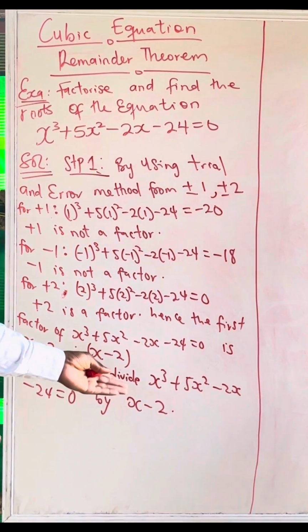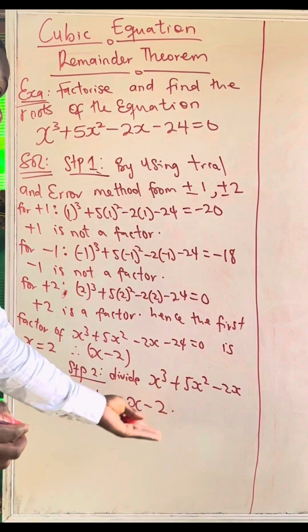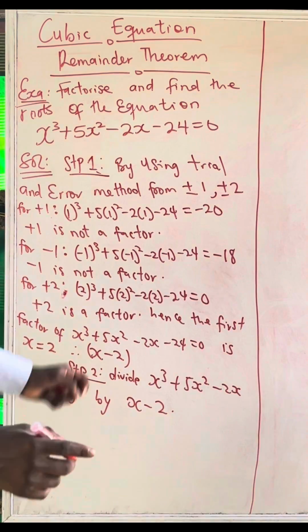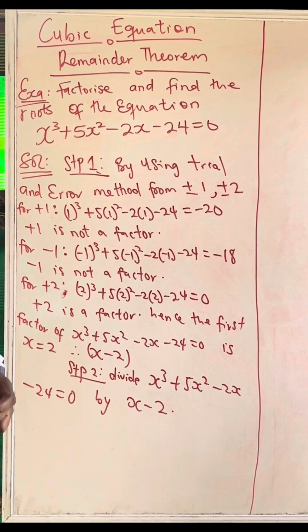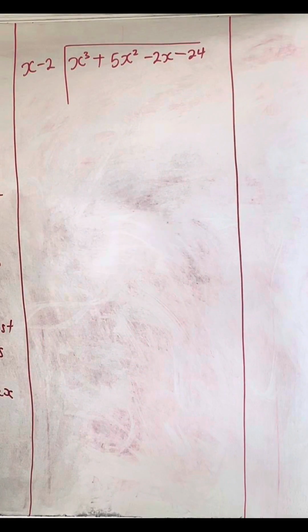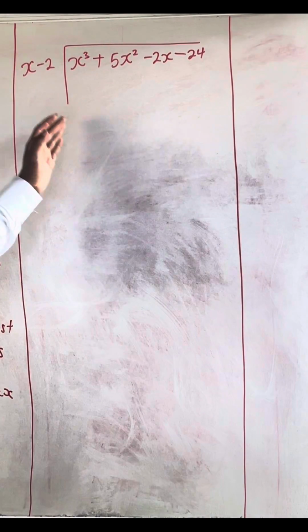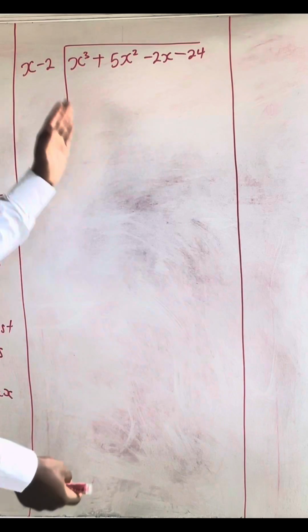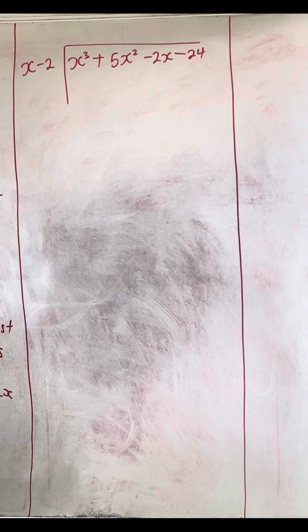We are going to divide this expression by x minus 2 to reduce this equation to a quadratic equation. We are going to be using the idea of polynomial division that we've explained in our previous video. So guys, let's start.